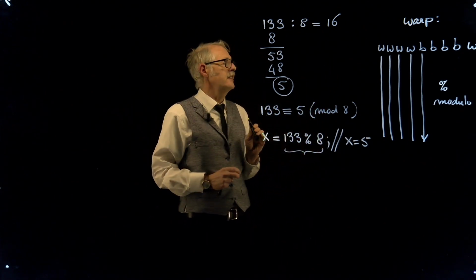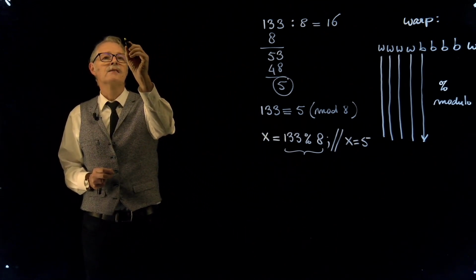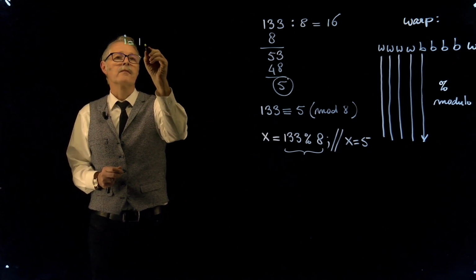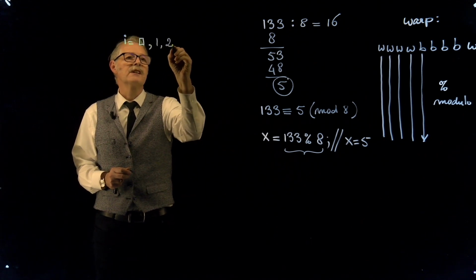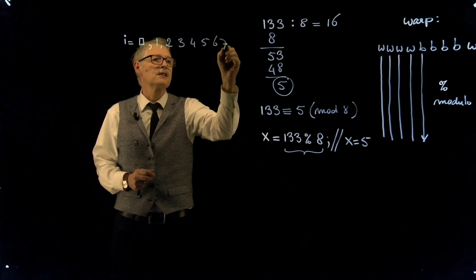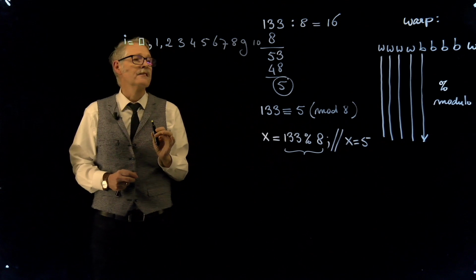If we assign integers to the warp yarns, like i being 1, let's start at 0, that's better, then 2, 3, 4, 5, 6, 7, 8, 9, 10, goes on like that.